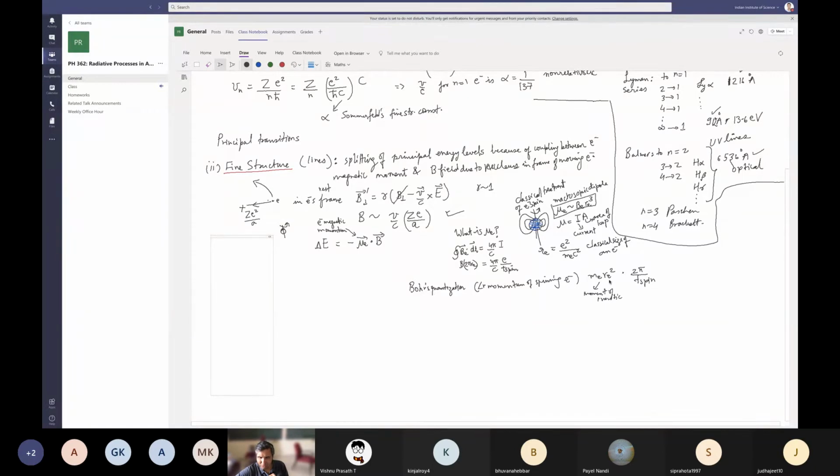I'm not using 2/5 m_e r_e squared, this is just a scaling argument. And then I times omega is equal to n h cross, or h cross. So this is Bohr's quantization saying that you cannot have angular momentum smaller than h cross. No particle can have an angular momentum smaller than h cross. So this is Bohr's postulate.